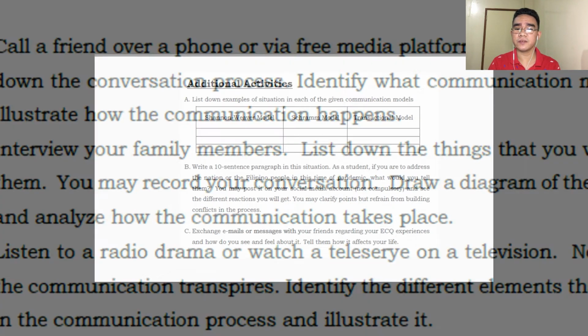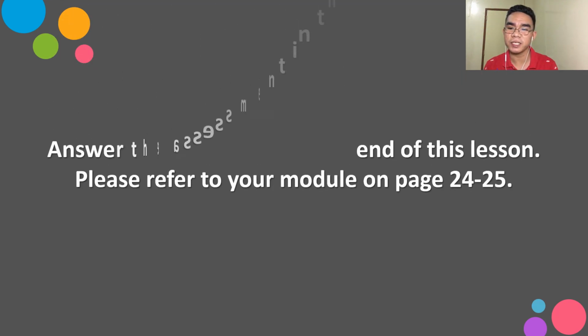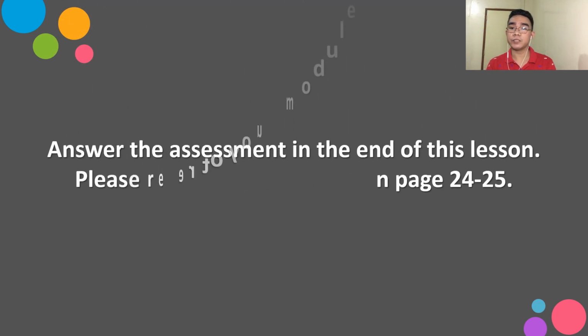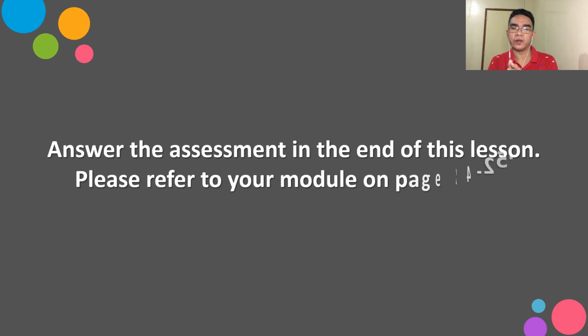And for additional activities, list down examples of situations in each of the given communication models. You just have to read the instruction and then you're good to go. And for the last part, of course, answer the assessment at the end of this lesson. Please refer to your module on pages 24 to 25. If you have the time, please check it out right now.